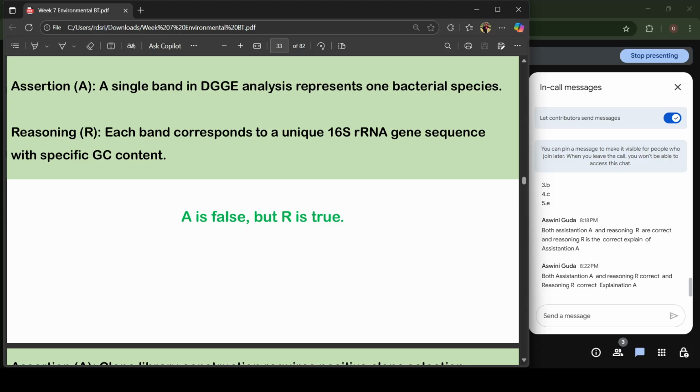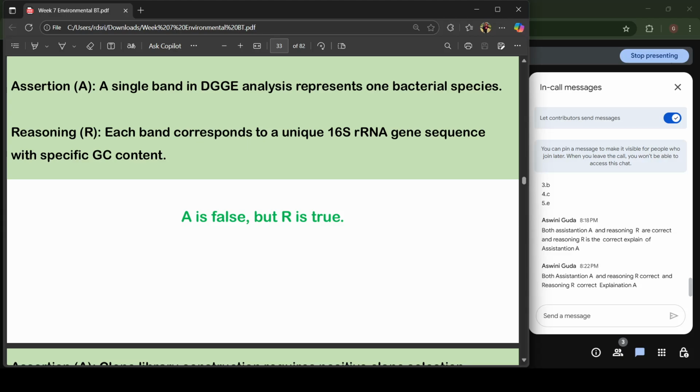If bacterial species have a similar denaturing gradient fingerprint, they are going to come at the same place, and that may not be a single bacterial species. Generally, species which have a similar GC content can co-migrate.